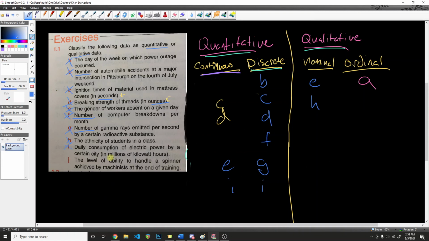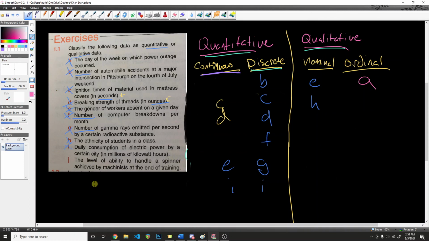When we say level of ability, what are we using to categorize this? Like level 1, level 2, level 3? We could be saying level of ability is pro, level of ability is amateur, something like that. Good, great, bad. So it does kind of matter how you interpret the question. I'm going to interpret it that way where it could be good, great, bad.